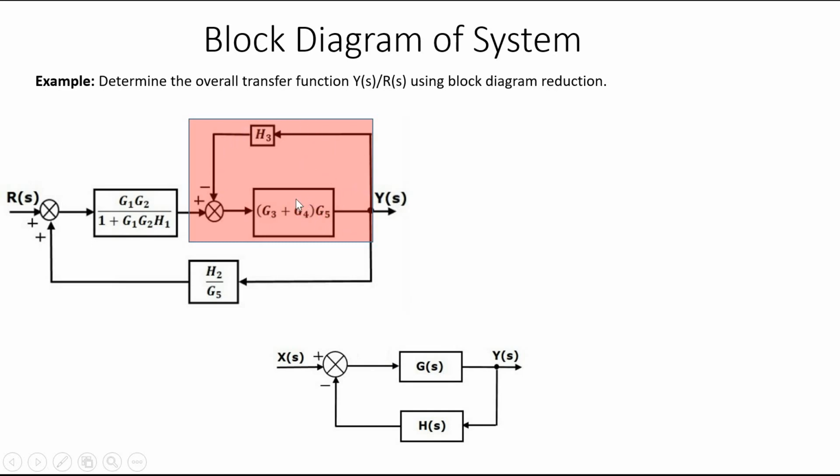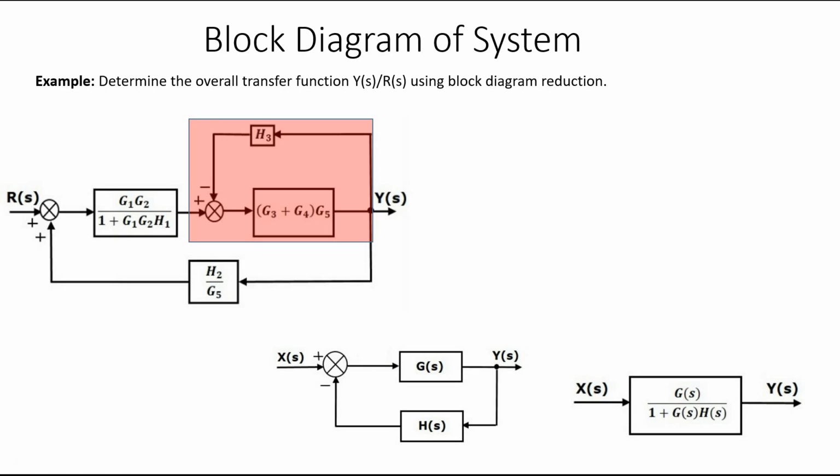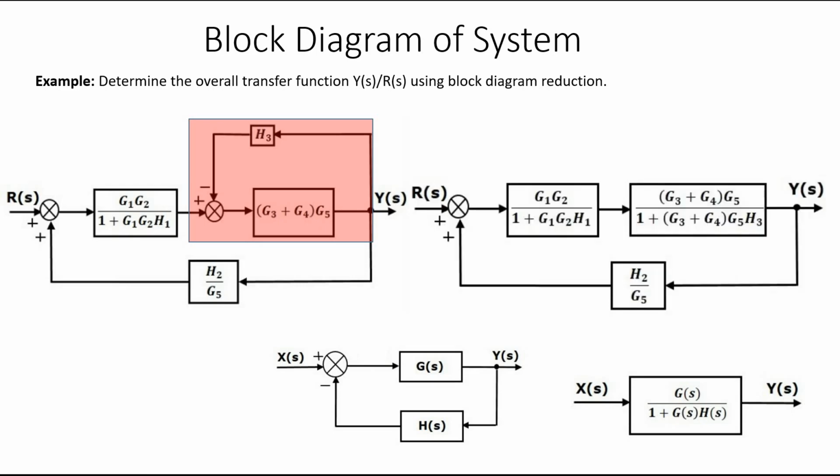So here G(s) is this term, G3 plus G4 into G5, and H(s) is H3. The equation is G(s) by 1 plus G(s) into H(s). So it becomes (G3 plus G4) into G5 divided by 1 plus (G3 plus G4) into G5 into H3, since the feedback is negative. Then it is reduced to a single block here.